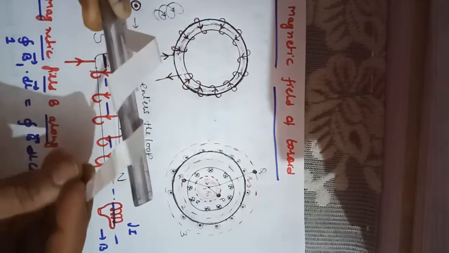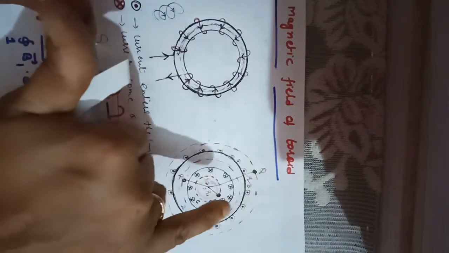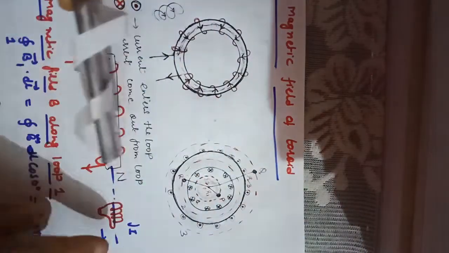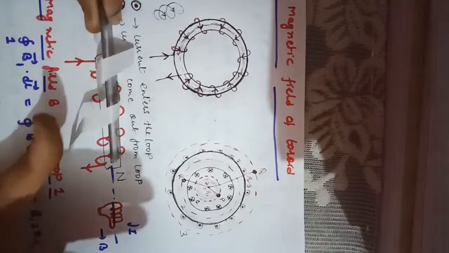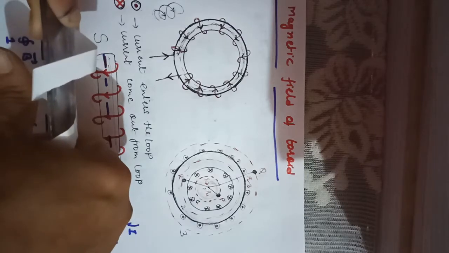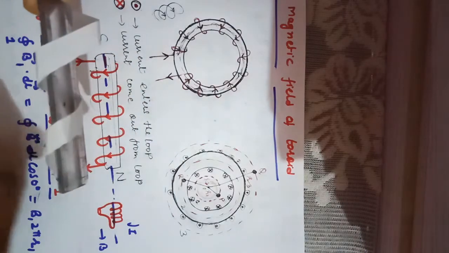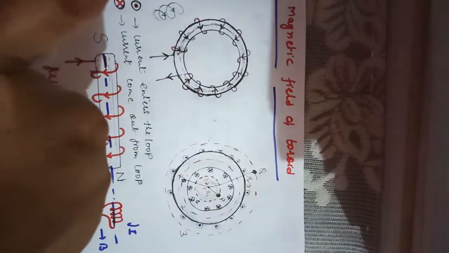So from the upper face of the loop of the solenoid it is entering, and from the lower face it is coming out, like this. I have made this diagram. So this is the inward direction and this is the outward direction.